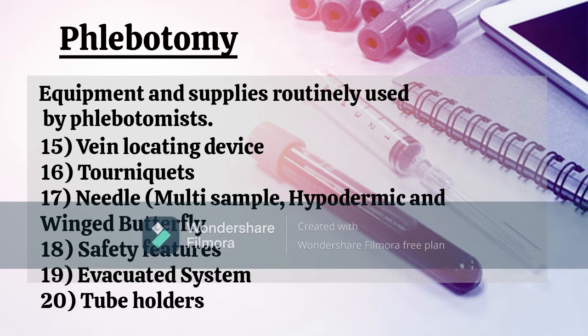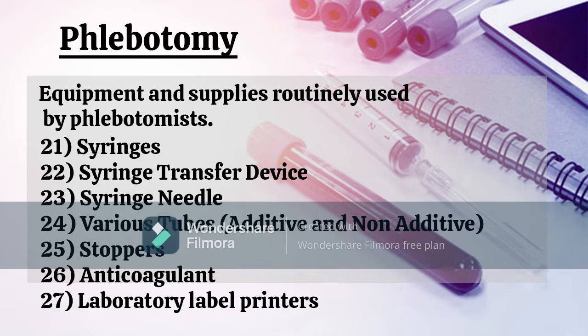15. Vein locating device. 16. Tourniquets. 17. Needles: multi-sample, hypodermic and winged butterfly. 18. Safety features. 19. Evacuated systems. 20. Tube holders. 21. Syringes. 22. Syringe transfer device. 23. Syringe needle. 24.